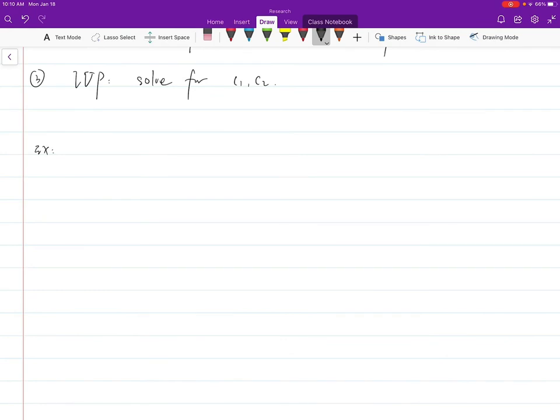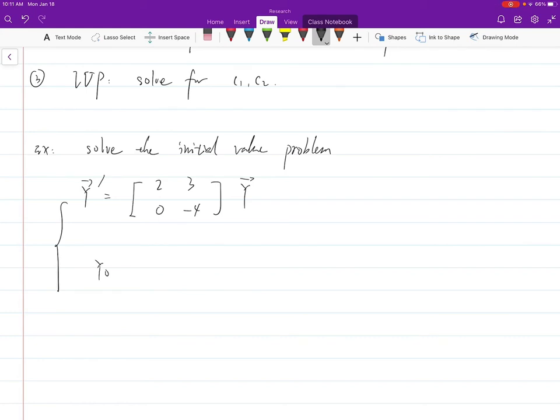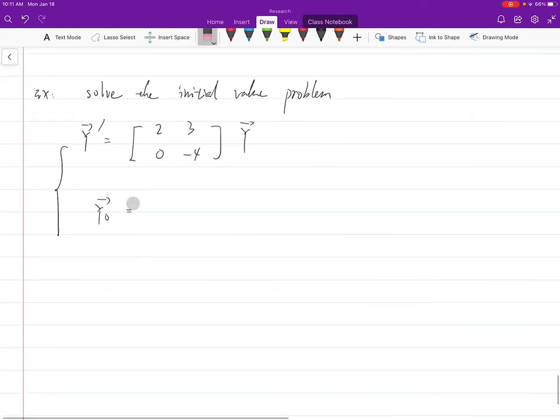Okay, so let's take this system here. And y at 0 is given by 2, -3.